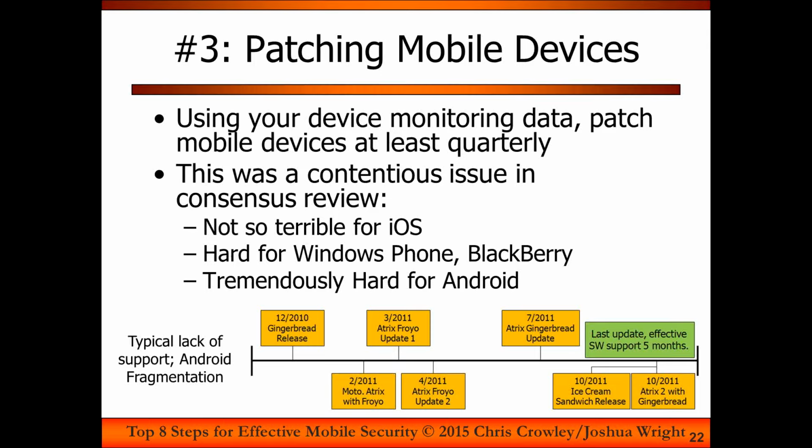Windows Phone doesn't have as large of a market share, and the updates are actually getting better. However, the challenge with Windows Phone associated with updates is that Microsoft, who controls the operating system, does not actually manufacture the hardware where that operating system runs.